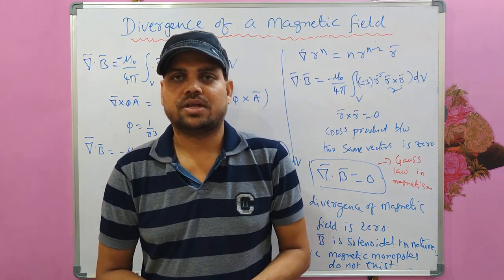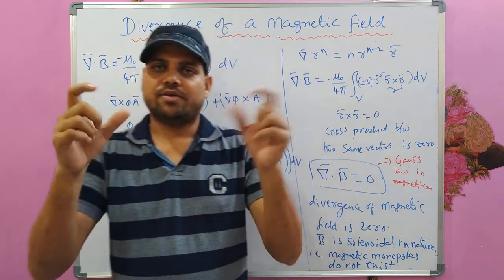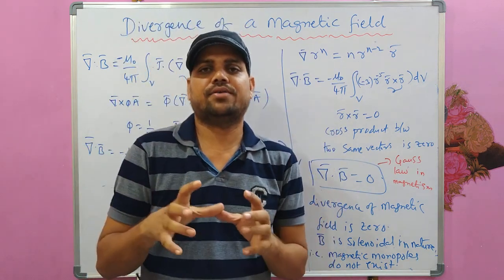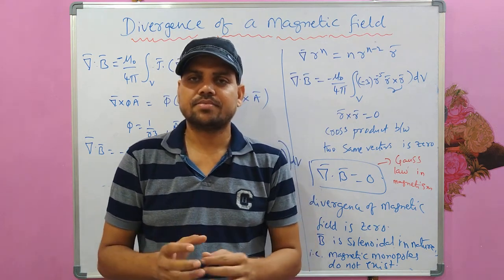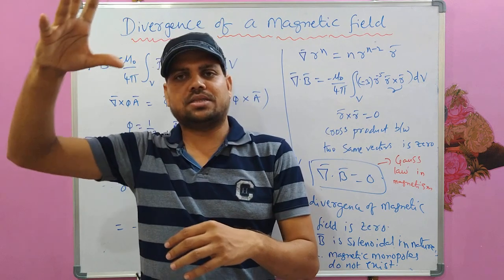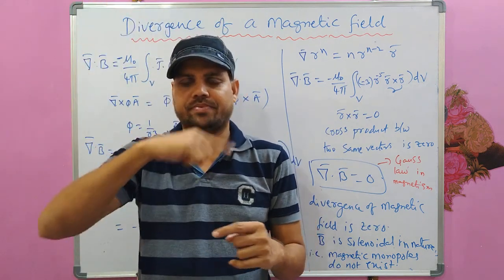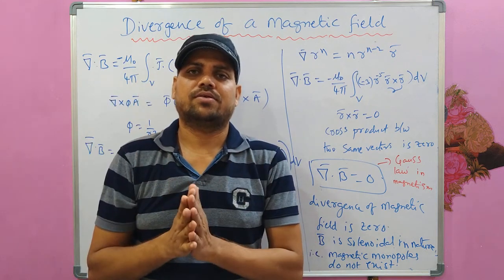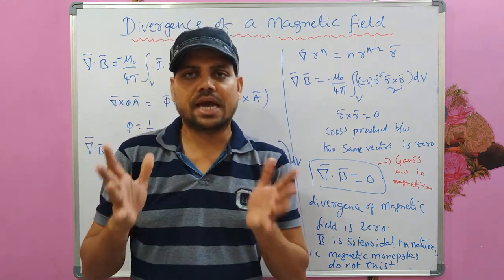That is why, in some experiments while drawing magnetic field lines for a bar magnet, the magnetic field lines go out from the north pole and enter into the south pole. There is no scope for magnetic monopoles' existence as of now.